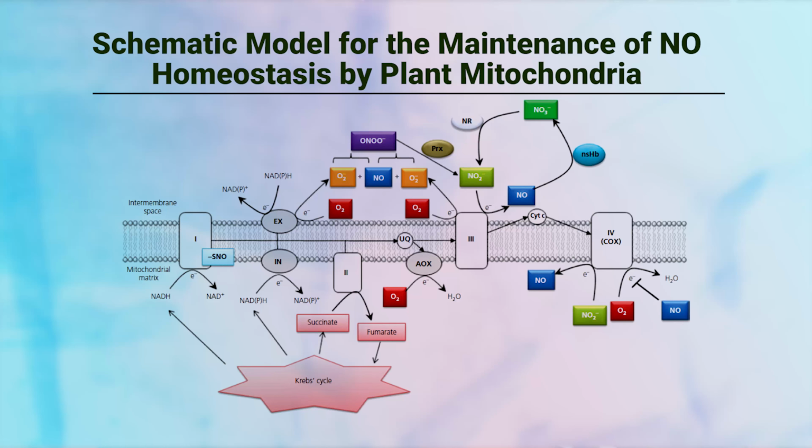Peroxynitrite can be metabolized back to nitrite by peroxiredoxins, and NO can also be metabolized to nitrate by cytosolic class 1 non-symbiotic hemoglobins, closing the cycle. Thus, alternative pathways for electron flow in the mitochondrial respiratory chain may play a major role in the control of NO homeostasis.